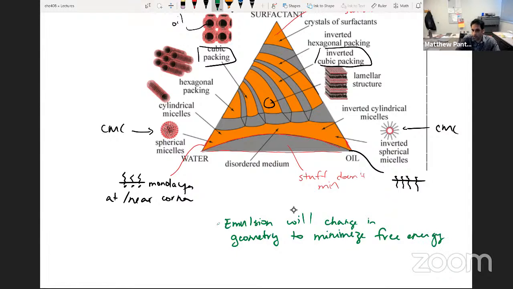So this is exactly what's happening in your regular ternary phase diagram that you might have seen, for those of you who are chemical engineers, in the class that you saw in Chem E 210, right? We have three components, and in some cases you have solubility, in some cases you don't.